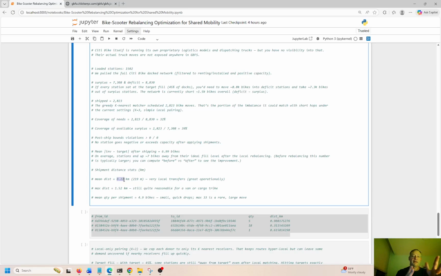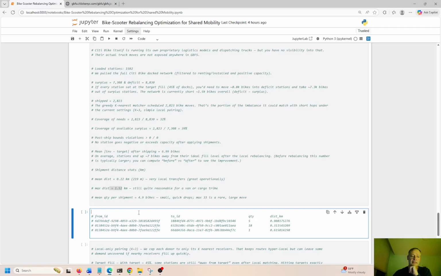If you have a lot of bikes parked at one station, you probably move 2 or 3 blocks north, south, east, or west to another station that doesn't have too many bikes, right? So you reallocate some bikes from a station with a lot of bikes to a station with fewer, and on average it's 0.22 miles, maximum 1.52. So that makes sense to me because of the KNN algorithm.